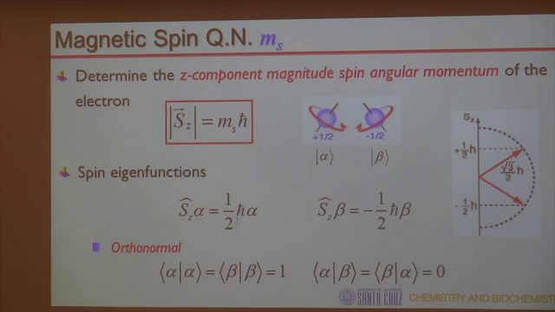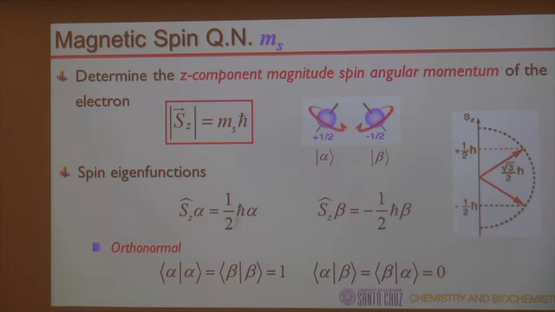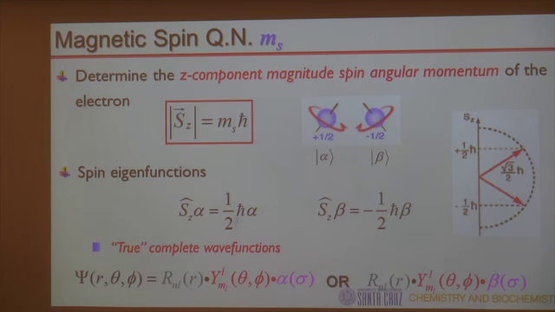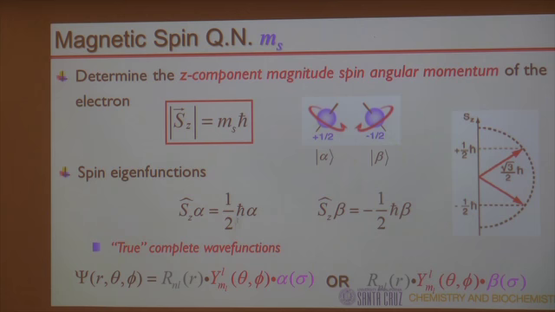Okay. So we see actually this is part of the eigenfunction to describe the hydrogen atom. The two complete wave functions for hydrogen atoms, besides radial parts and angular parts, should have a spin part. We have either spin up or spin down. So those are actually the two complete wave functions.